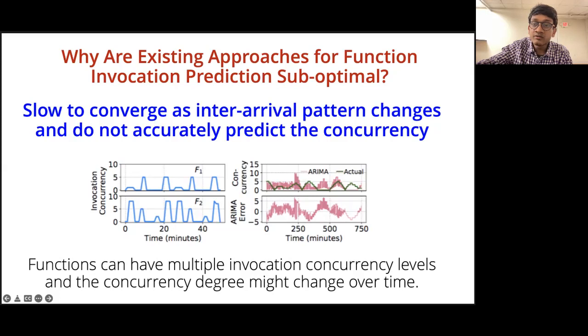Apart from predicting the function to warm up, it is also very important to appropriately determine the number of function containers to warm up so that the service time and the number of cold starts will be reduced. Also, with varying invocation concurrency, the present ARIMA or histogram-based techniques are very slow to converge. IceBreaker speeds up the overall convergence.